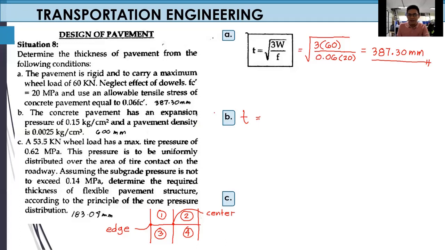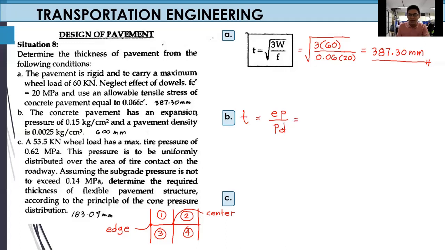Earlier we discussed that if the given are the expansion pressure and pavement density, the formula we will use is the expansion pressure divided by our pavement density.